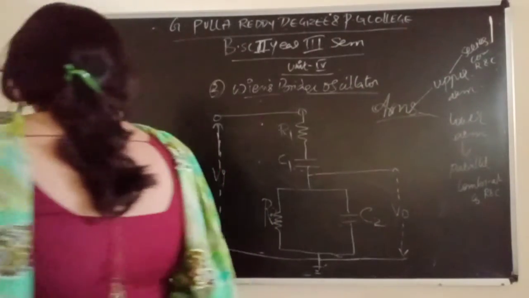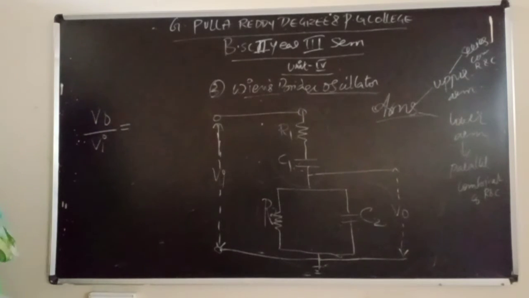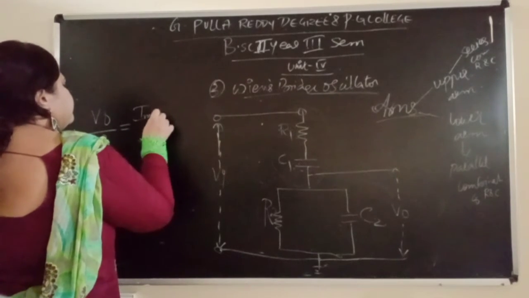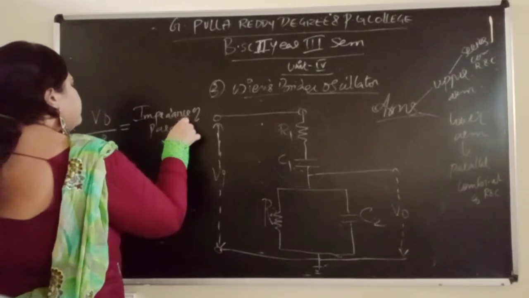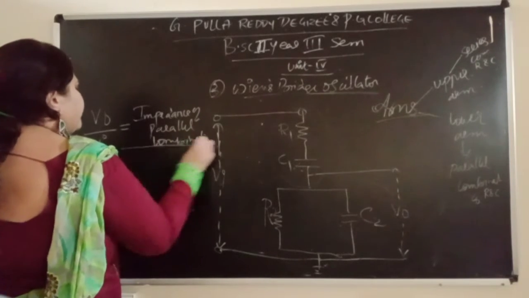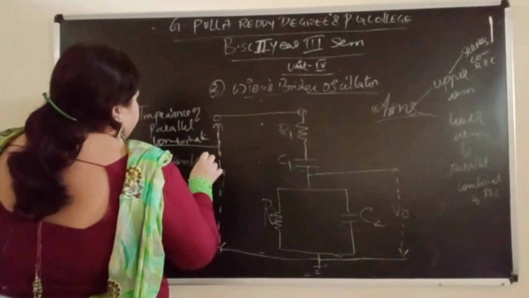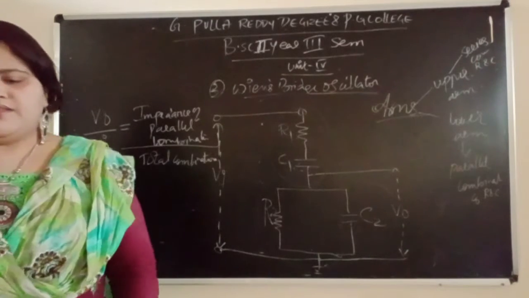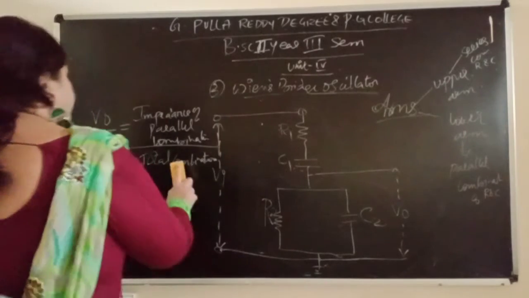From this, output by input is equal to the impedance of the parallel combination by the total impedance of the total combination.